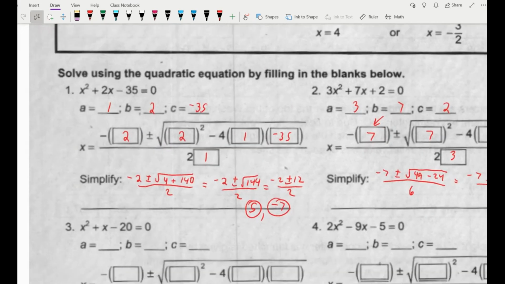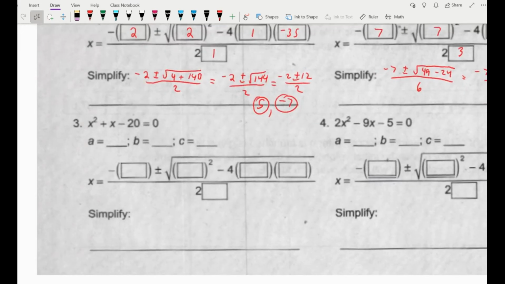Let's look at number 3. A equals 1, B equals 1, and C equals minus 20. Minus B, so we put a 1 here, plus or minus the square root of B squared, 1 squared, minus 4AC, all over 2A.